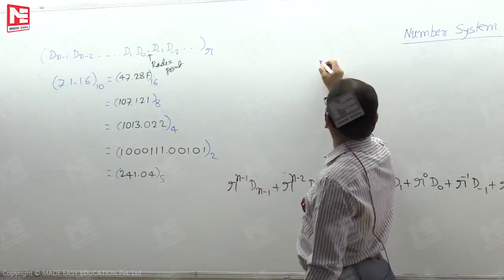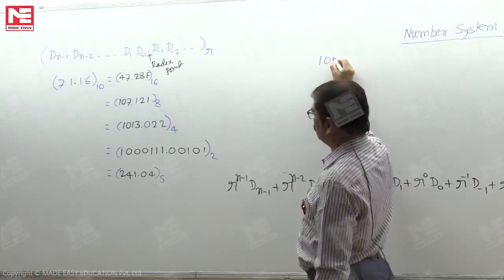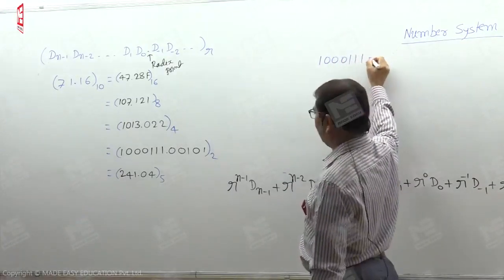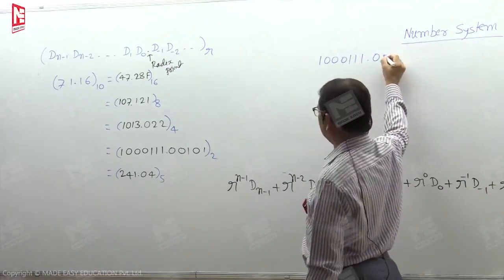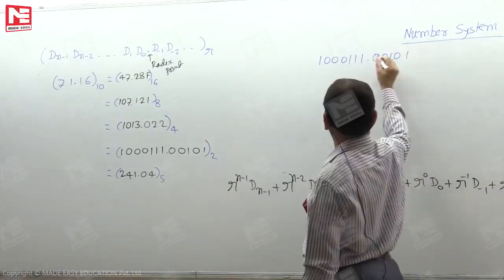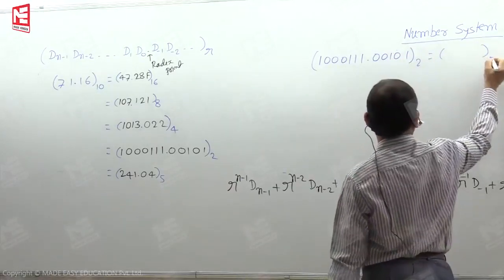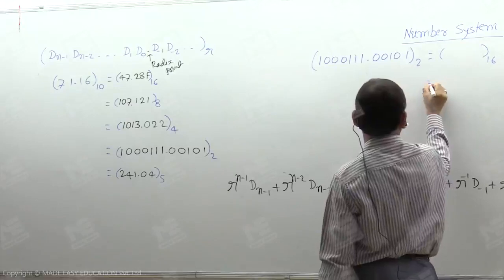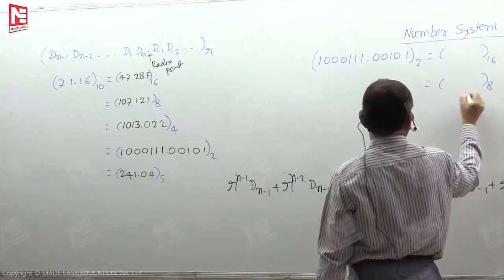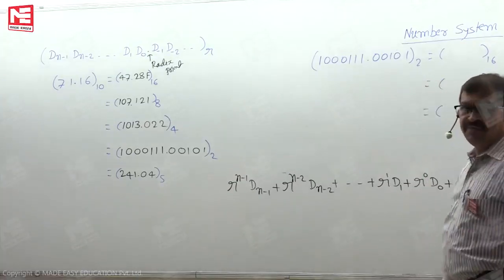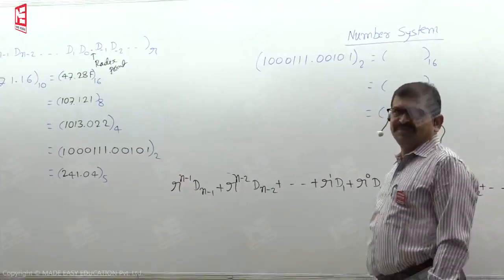This binary number 1000111.00101 is given, and we will have a question: what is its equivalent hexadecimal number? What is its equivalent octal number? What is its equivalent quaternary number? These are very regular, very common questions.